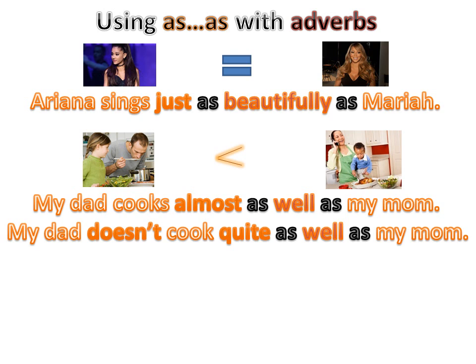And because it's being used in the simple present, we need to follow the rules for forming a negative in the simple present. Therefore, the not part of not quite is combined with the helping verb does. So once again, we see my dad doesn't cook quite as well as my mom.